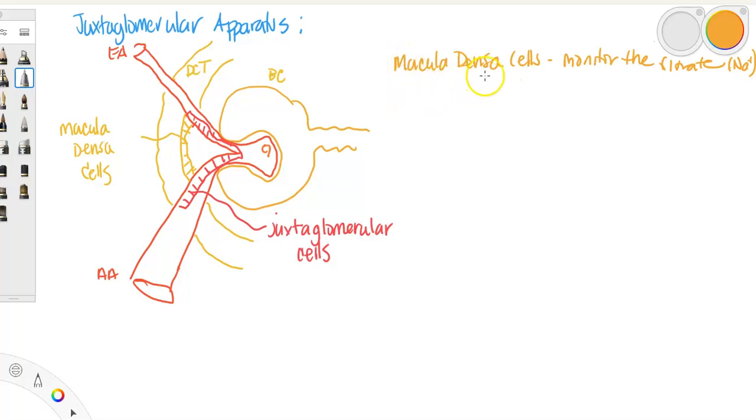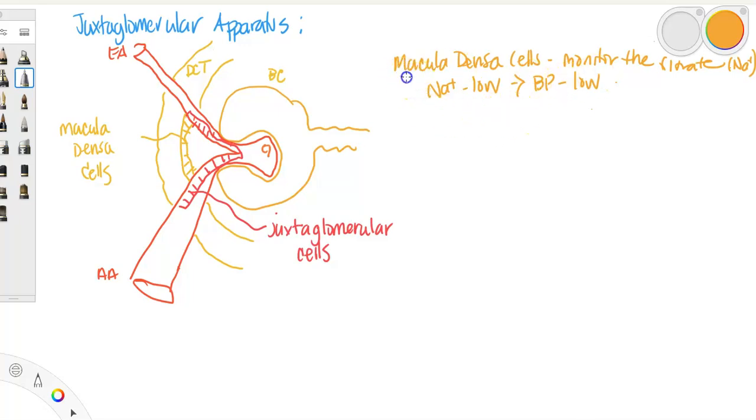So that means sodium will be low, blood pressure will be low, and that causes the macula densa cell to do something. It's monitoring the filtrate for sodium. Not a lot of sodium means that blood pressure's down.